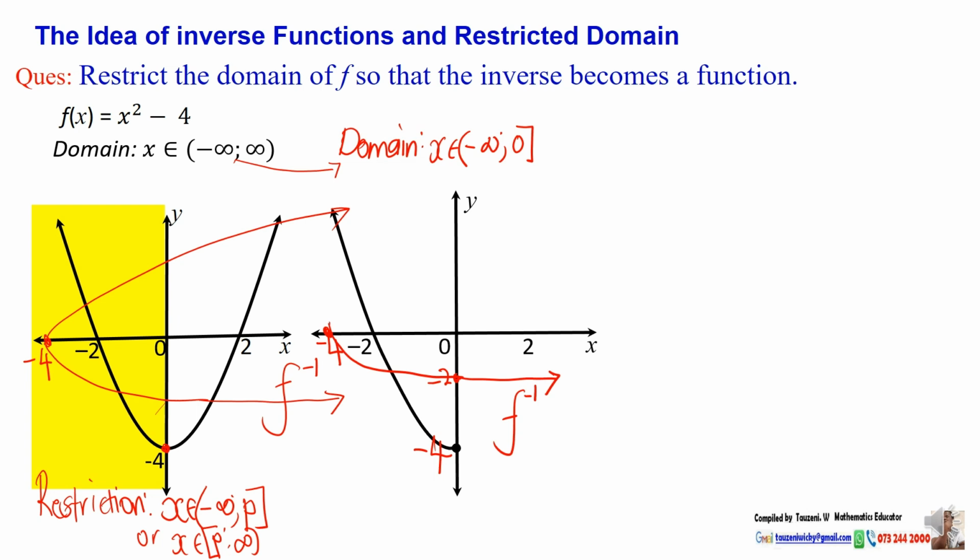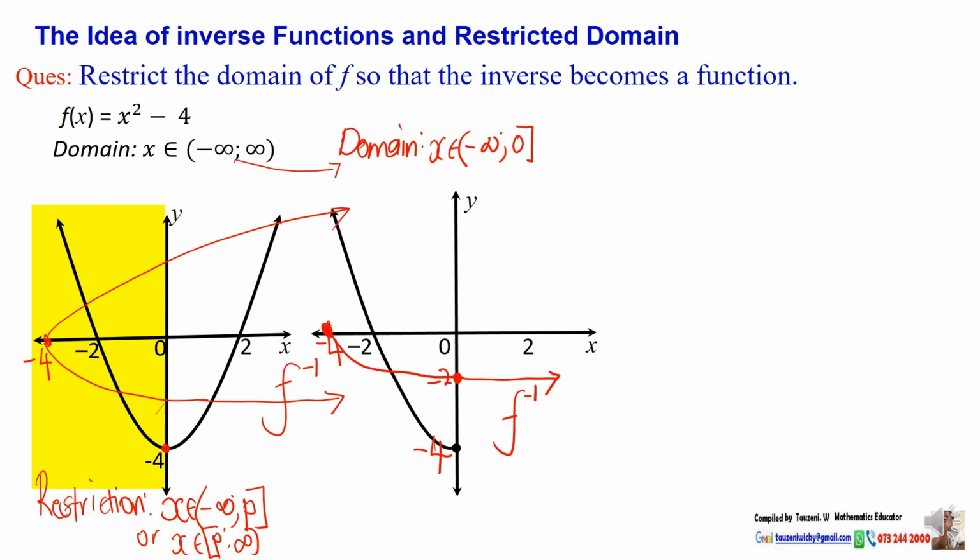Now if I ask you in the second graph, is this inverse a function? Yes, it is now a function because the domain has been limited. It is limited to 0 from the negative side. That is what we call restricting the domain.